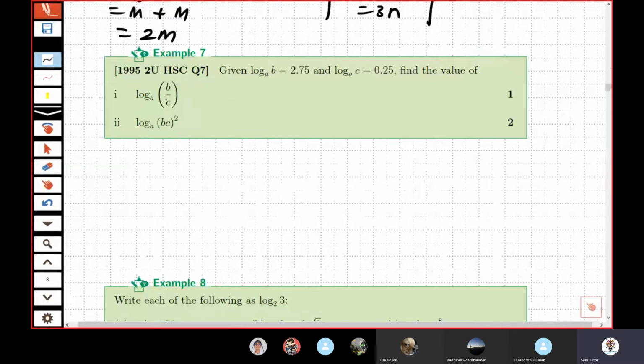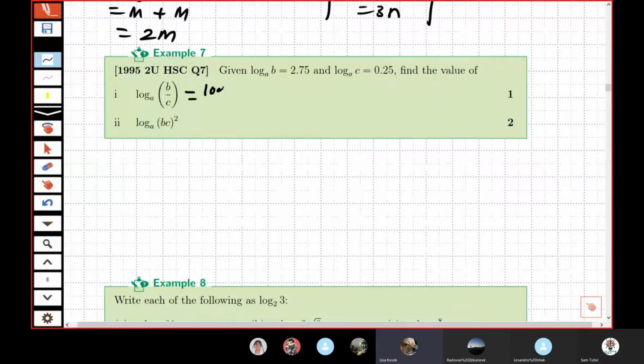But it doesn't make a difference to you because they're all A's. All right, let's go. 2-unit HSC question 7. Given log B is 2.75 and log C is 0.25. Find the value of log B on C. What do I write? Who wants to get a mark for their HSC?